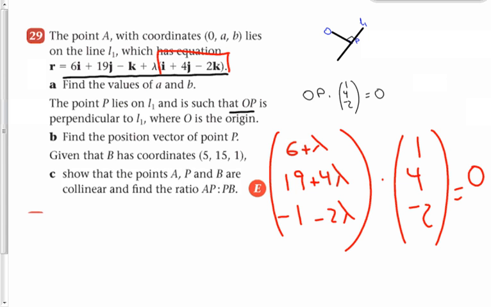Very important. Any general point on the line L1 must be of this form, depending on the value of lambda. Okay, so we write that point OP in this form. That's the position vector of P.